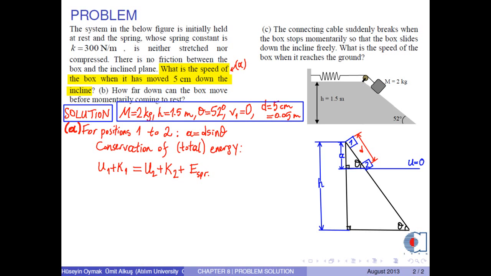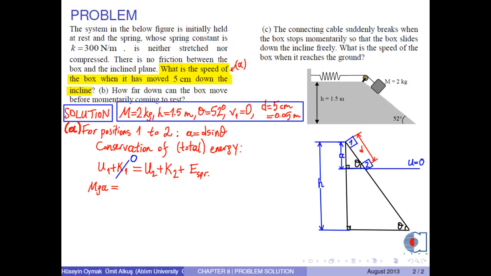The potential energy of the box at point 1 becomes m times g times A. The kinetic energy at this point is 0 because its initial speed is 0. And the energy stored in the spring at point 1 is 0 because it is neither stretched nor compressed.